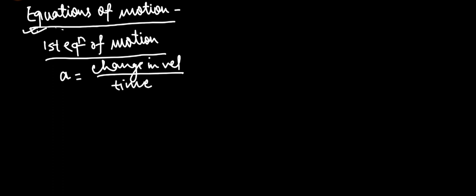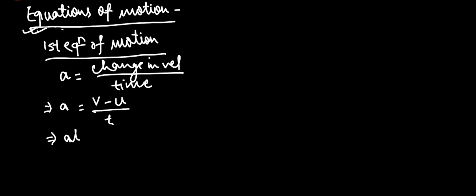The final velocity is denoted by v, the initial velocity by u, and the change in velocity will be v minus u, that is final velocity minus initial velocity, and the time taken will be t. So acceleration is equal to v minus u by t.